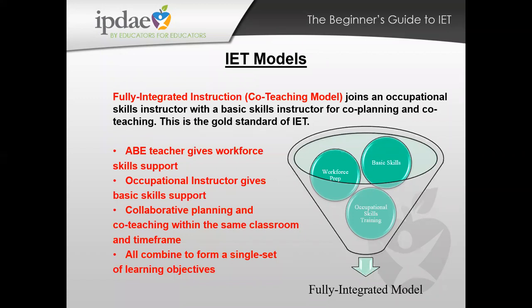The CTE teacher should also be presenting information in a way that supports the adult education needs of their students. So they're not only CTE instructors and experts within their fields, they also need to be open to the idea of implementing instructional strategies that support those basic skills attainment needs of the students that are now in their fully integrated IET model. So this really calls for a solid partnership between an adult ed instructor and a CTE instructor to make sure that this is going to actually work.